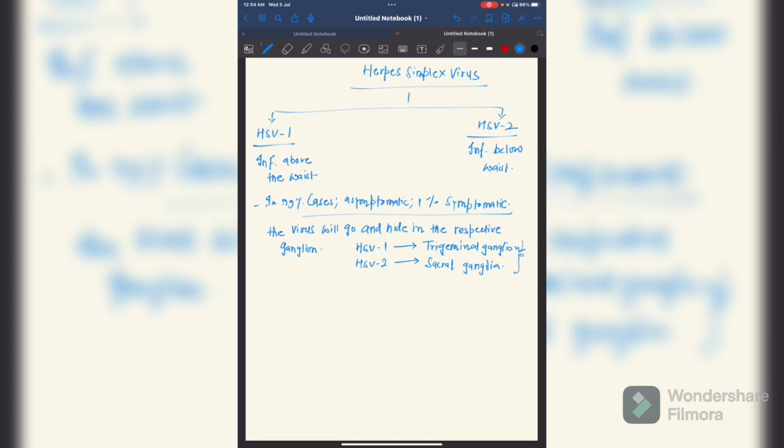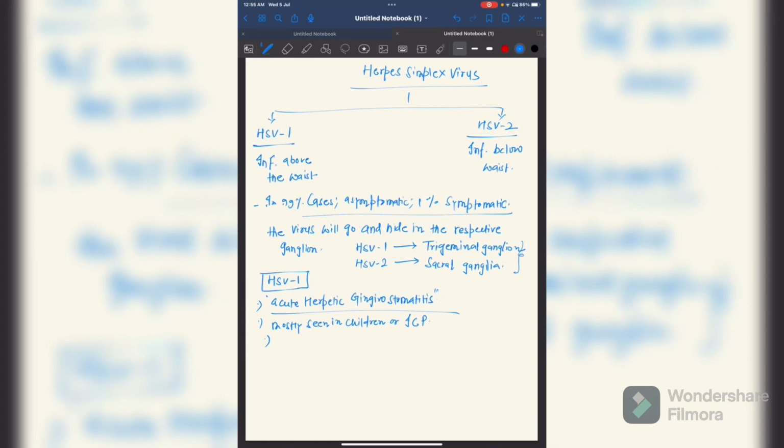Now let's see the clinical manifestation. First we will be discussing HSV1. The disease which is caused by HSV1 is known as acute herpetic gingivostomatitis, and it is mostly seen in children or immunocompromised people.